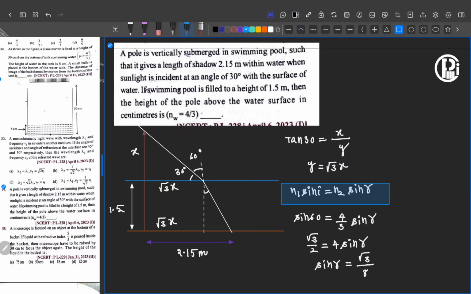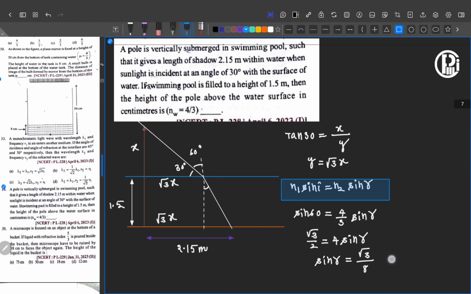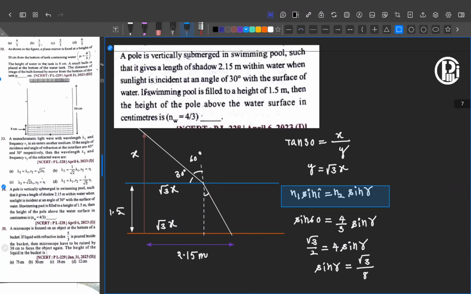Now I have to find out, I already found this angle, I want to find out this one. What is r here? I want to find out that r. Therefore r is equal to sine inverse of root 3 by 8.